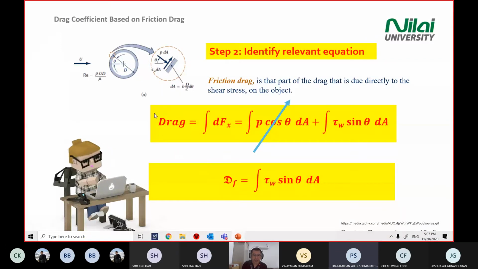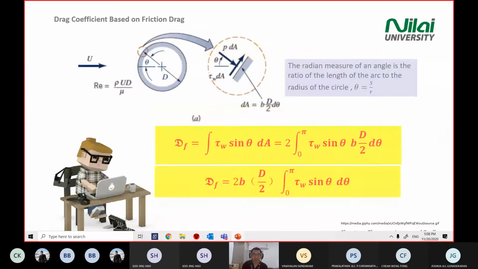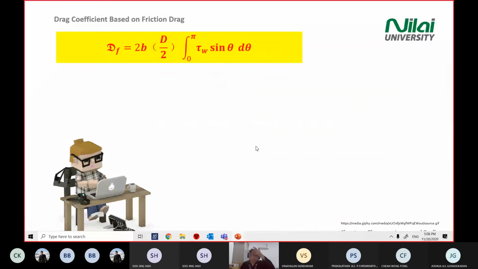This one is fixed. This drag is in general, and then if you focus on friction drag, we don't have the pressure component. We only have the shear stress component. This one, by definition, is like this. The rest is just a modification from the statement in the question itself.